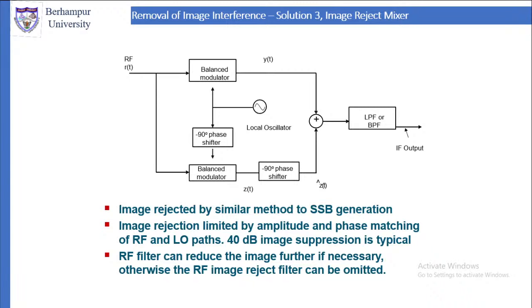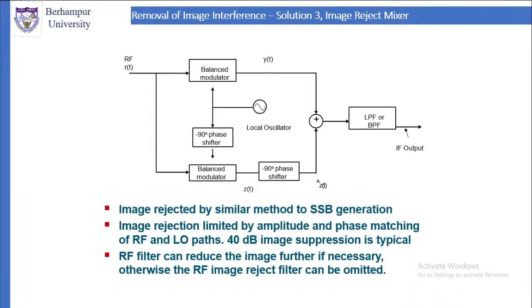If to the top balanced modulator we are giving cos omega t, to the bottom balanced modulator we are giving sin omega t. They are in phase quadrature. A 90-degree phase shifter is there. The local oscillator directly goes to the top balanced modulator. From the local oscillator it goes to a 90-degree phase shifter, then goes to the bottom balanced modulator.